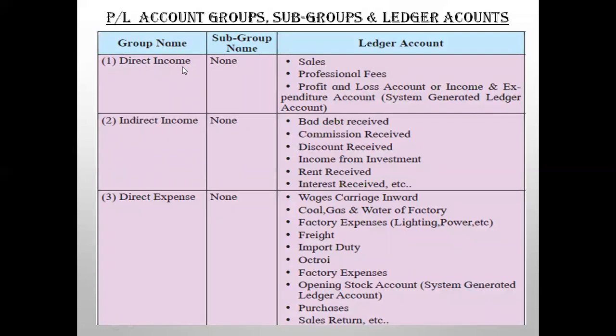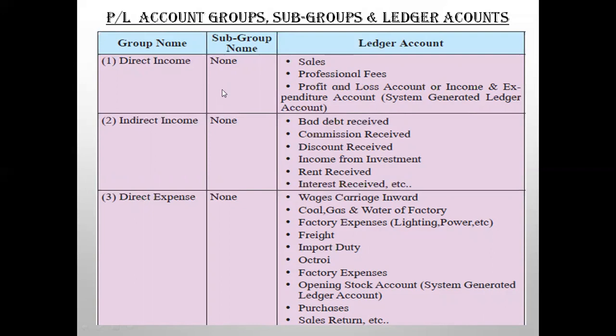So when you say direct income, you sell and you receive cash. That will be a direct income. So cash sales you can say. Professional fees, profit and loss or income and expenditure account. This all will come under the main group direct income.